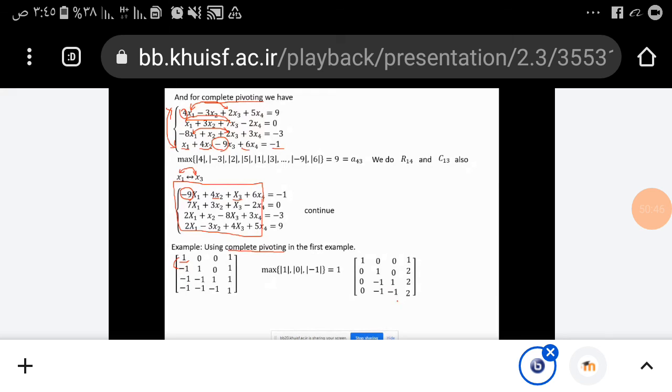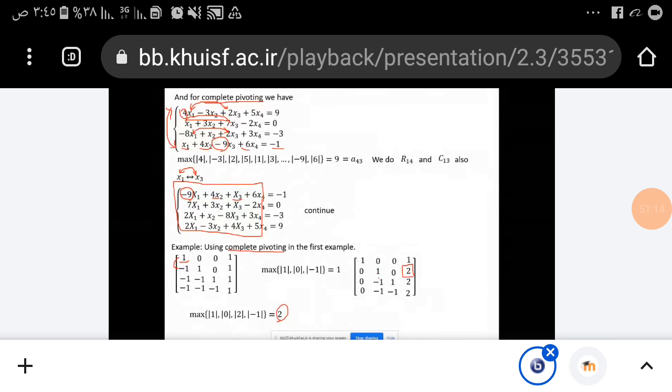matrix. Again, we look for the maximum between these entries. It will be 2. The first 2 is here, for example. So we can change that to the second column.